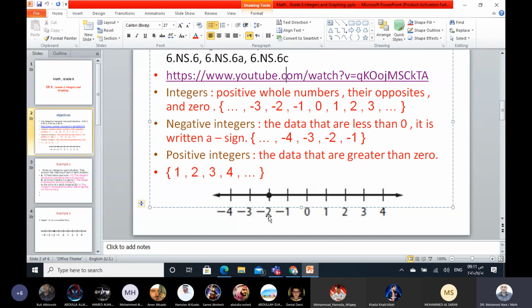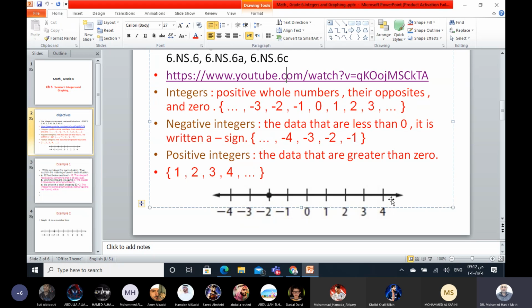Look, for example, -1, -2, -3, -4, etc., to infinity. Now, any positive number is greater than 0, any negative number is less than 0, and any positive number is greater than any negative number. And here we have a rule in the number line.